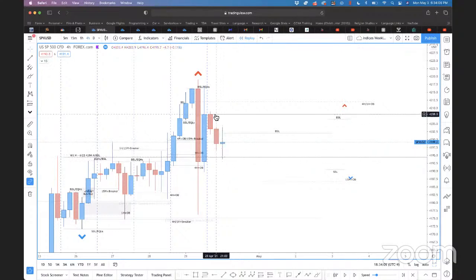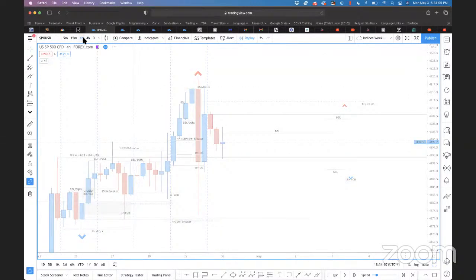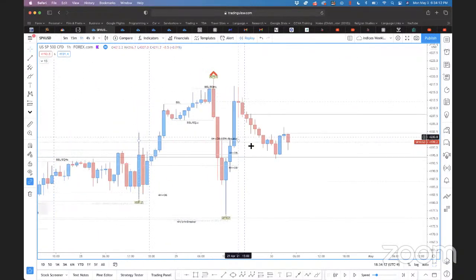I also know, let's look at the lower time frame. At this point, there's liquidity here. There's liquidity here. And in between that, this is the daily opening price right here. So my question would be, do they want to take it up or do they want to take it down?